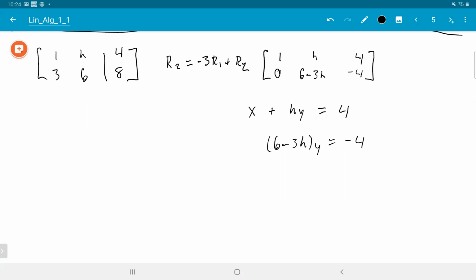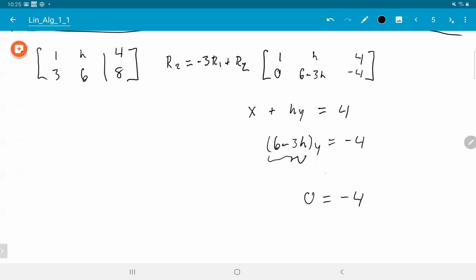Okay, so since y can kind of be anything, the only time that we'll run into issues is if this right here were equal to 0, because then we would have 0 equals -4, right? As long as that isn't true, then we can find y just by dividing, and then we can plug in that value for h, and then we can make x whatever it needs to be to make that work.